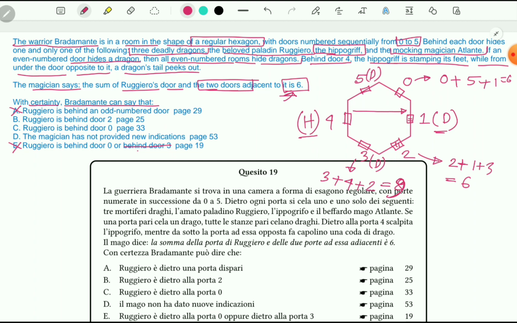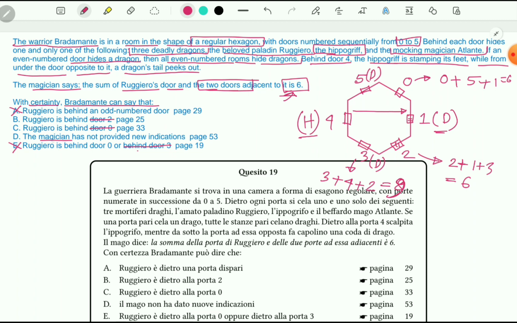Now let's figure out from B, C, D. Only door 2 is not the correct answer, and door 0 is also correct. Therefore we can't accept either of them. So how about this one? The magician has not provided new indications.